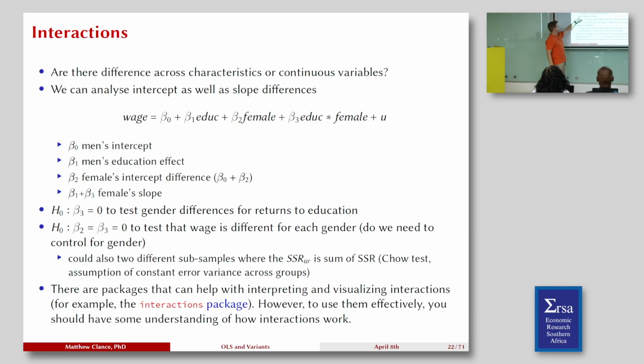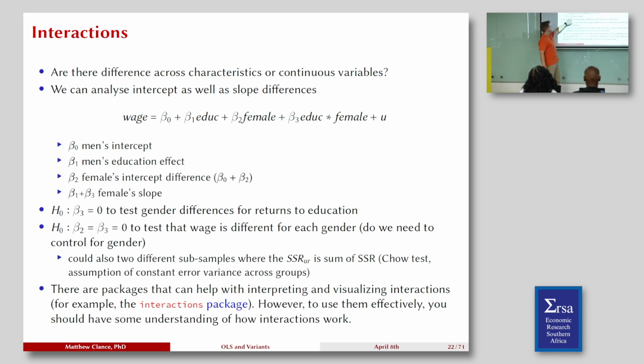When I actually want to look at females, the female intercept is beta 2, which in some ways we should probably say is the intercept difference, really: beta naught plus beta 2. Remember, it's that relative difference that we care about. That's why I usually don't like to talk about the intercept as much.